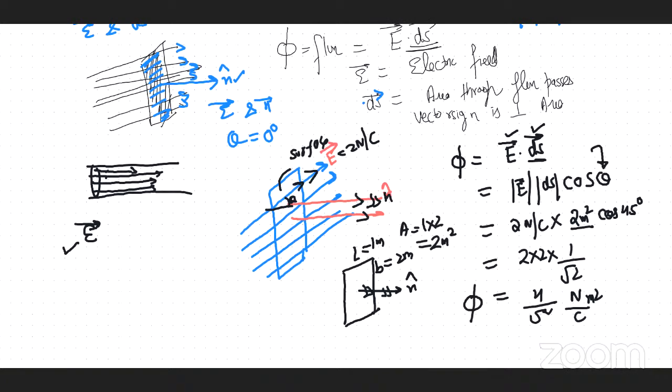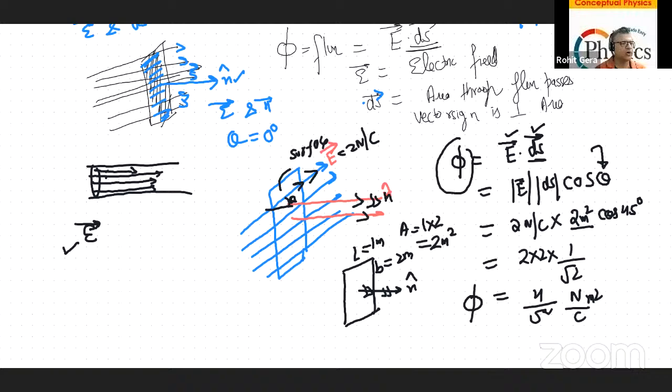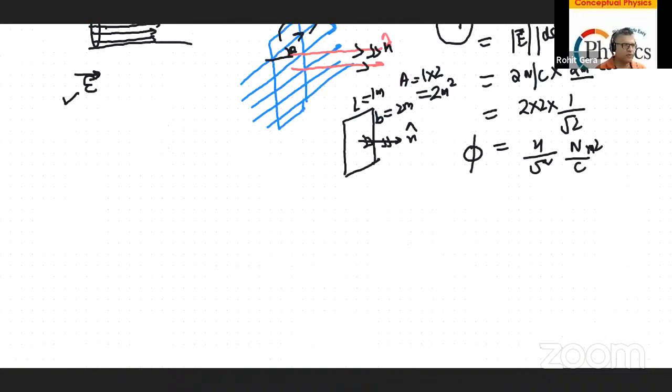So the first thing you should be good at is saying that before you do Gauss's law, how do you find the flux through the surface? A Gaussian surface, right? So let me give you an example. Now this is the surface. This is the normal drawn to the surface. The electric field is in this direction, and I will change the angle.